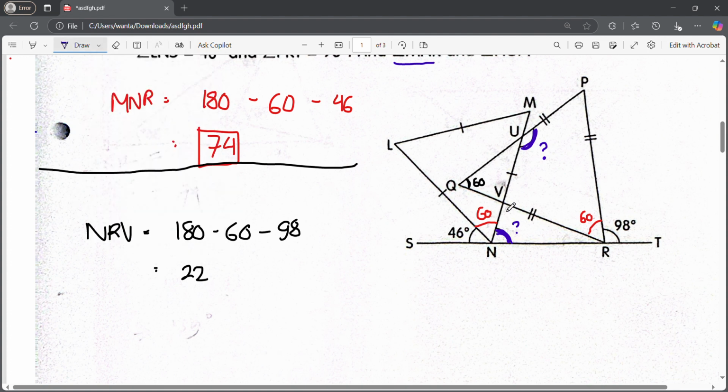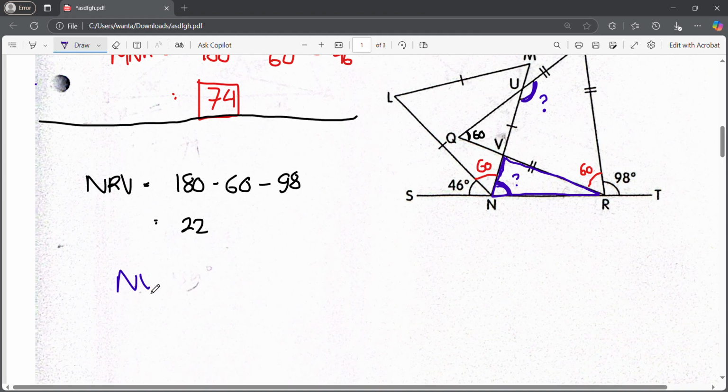So now we can use the triangle property, since this is in a triangle, we can find the third angle that we don't know yet, NVR. NVR is equal to 180 minus the NRV, which is 22, and then minus MNR, which is 74. 74 and 22 makes 96. 180 minus 96 is 84.